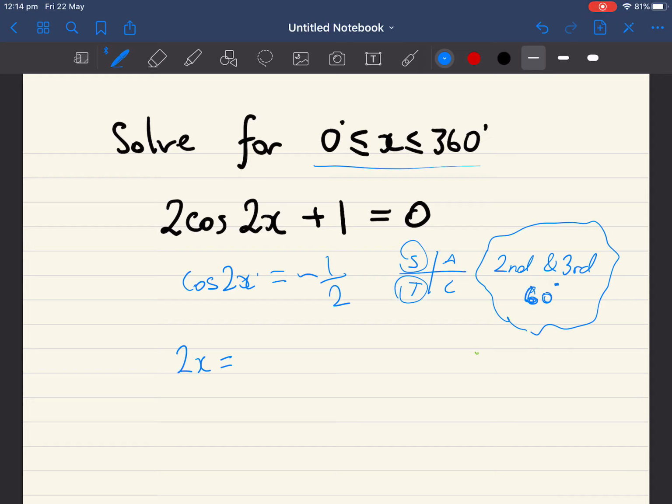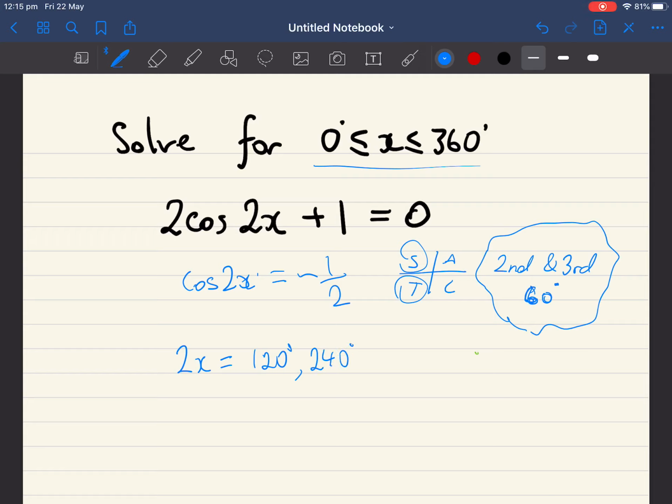That means 2x is going to be equal to, notice I've just been ignoring this so far. We haven't really had to do anything with it yet. I've just been doing everything like normal. 60 degrees in the second quadrant, so it'll be 180 minus 60. And 60 degrees in the third quadrant, that's 180 plus 60.